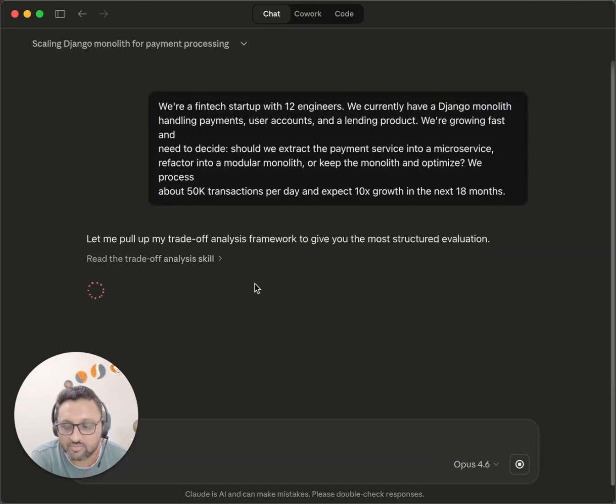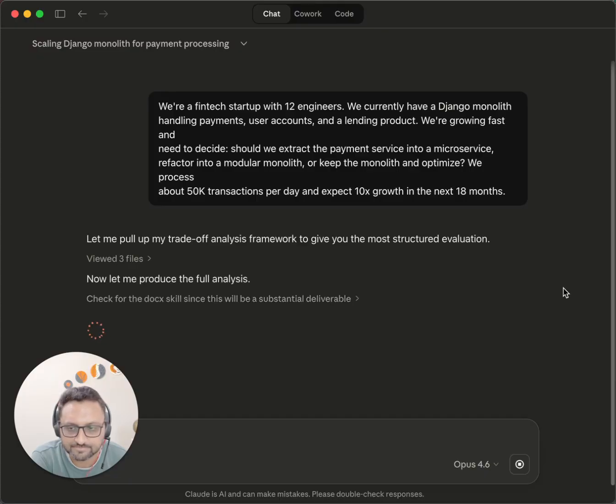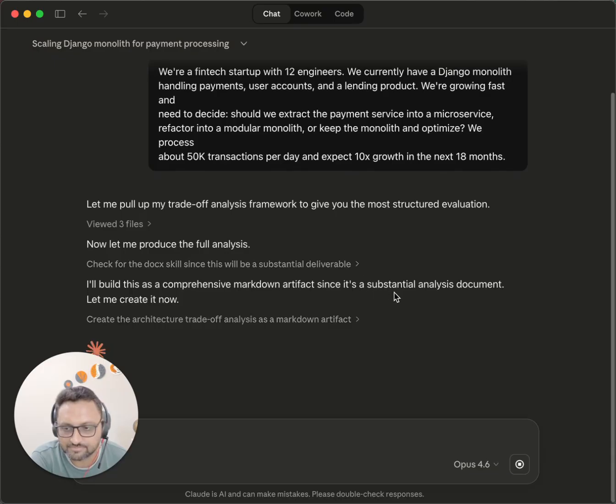As you can see, I've already loaded the skill, and that's why it picked up. It's going through the various steps it has been given. It's going to create the artifact it is looking for. Right now I'm using Opus 4.6.